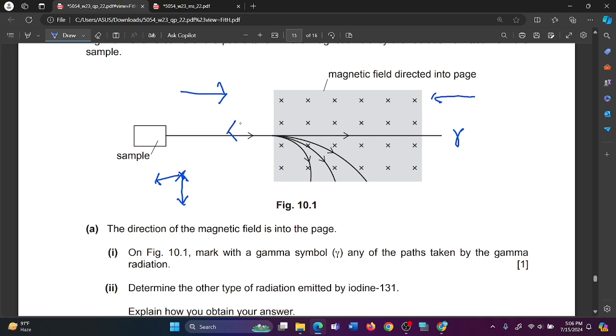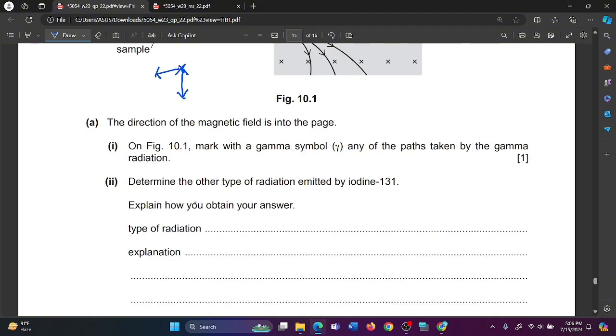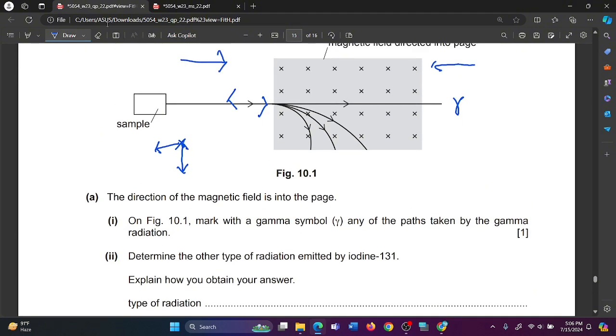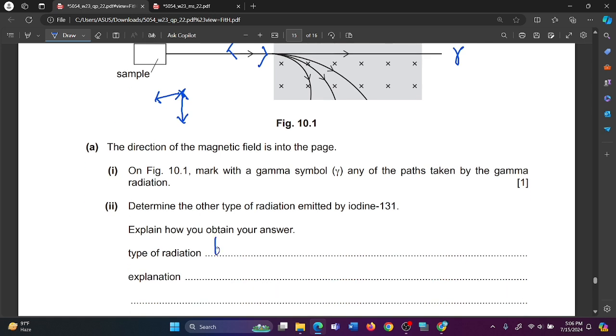Whenever a negative charge moves, the current direction is opposite to the direction of the negative charge. So the negative charge moves in the opposite direction of the current. Thus, these are beta particles. It is beta radiation.